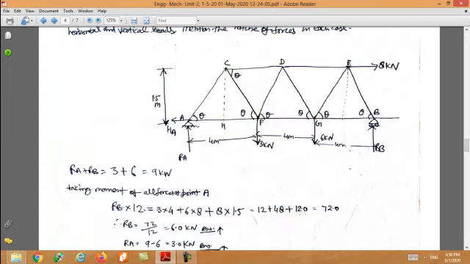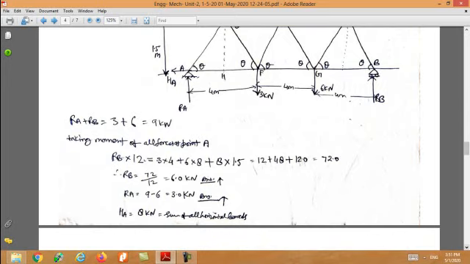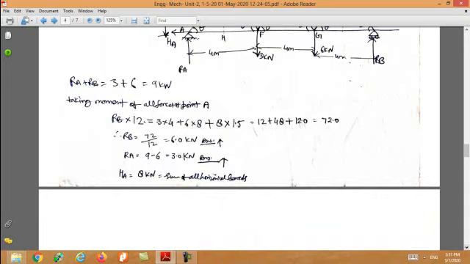Because horizontal load is acting here, there will be horizontal reaction. Okay, so RA plus RB for the vertical reaction, it is 3 and it is 6, is it? So you can obtain RA and RB, and HA is the horizontal reaction, which will act on this hinge end, is it? So these are the reactions.